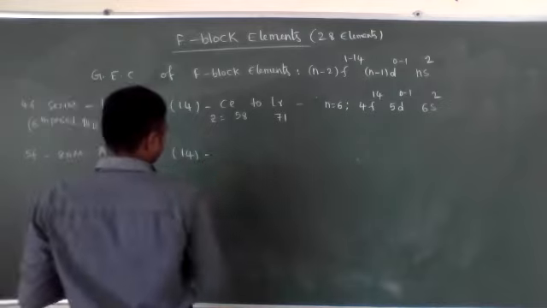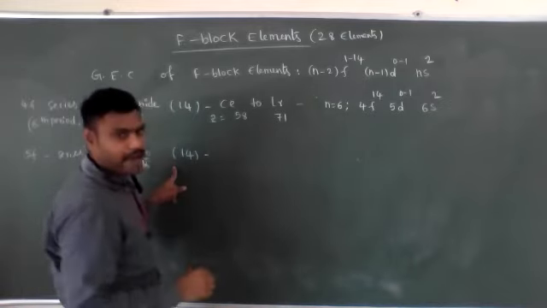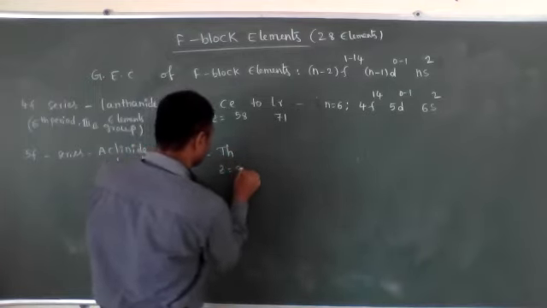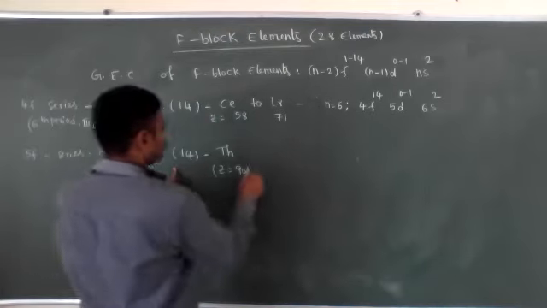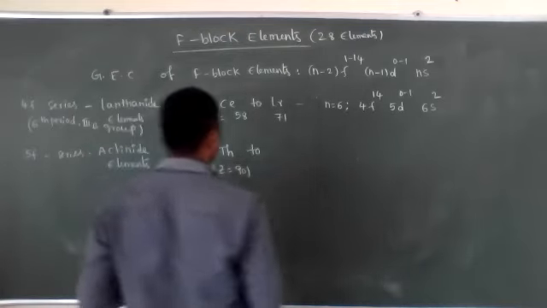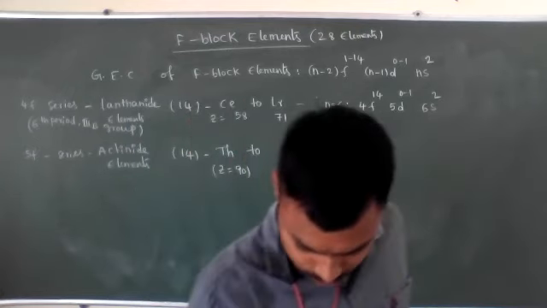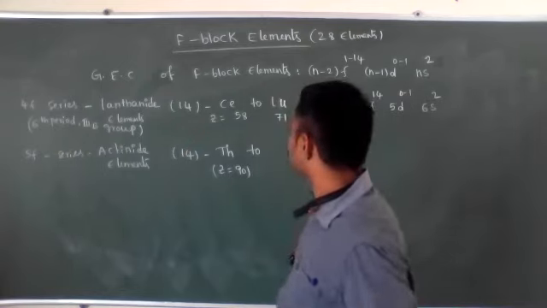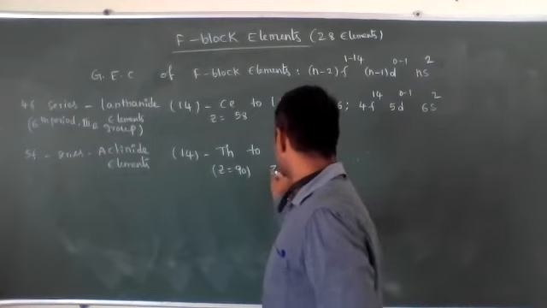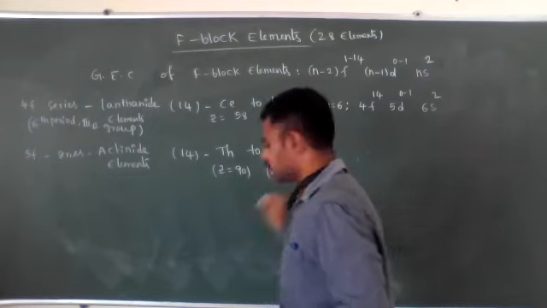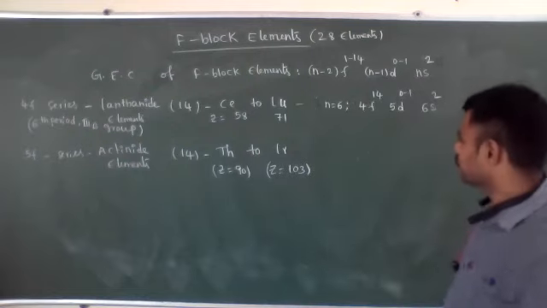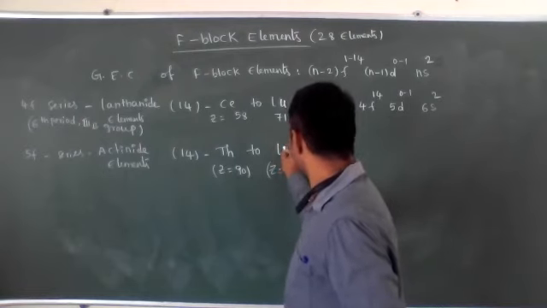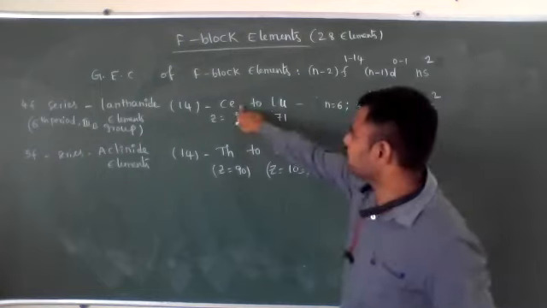Okay, next. The actinide elements start from thorium, not from actinium. Actinium is 89, thorium is 90. Lutetium is 71 and lawrencium is 103. So total 14 elements are present: thorium to lawrencium, and cerium to lutetium.